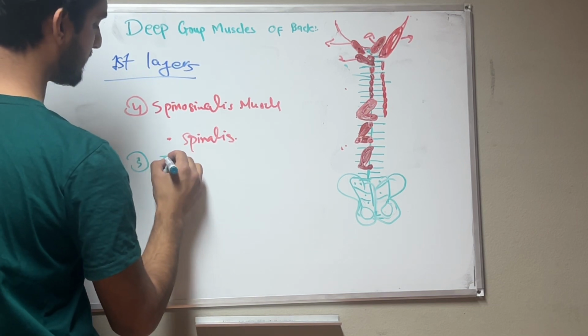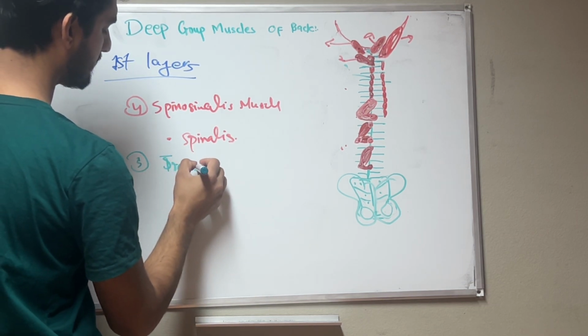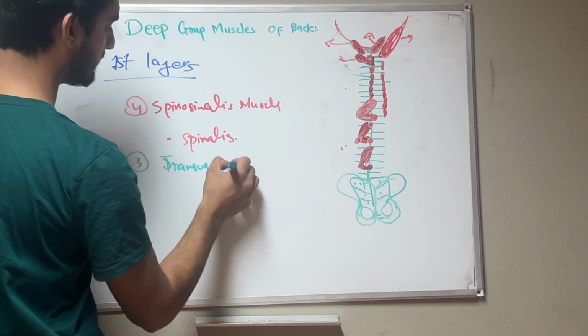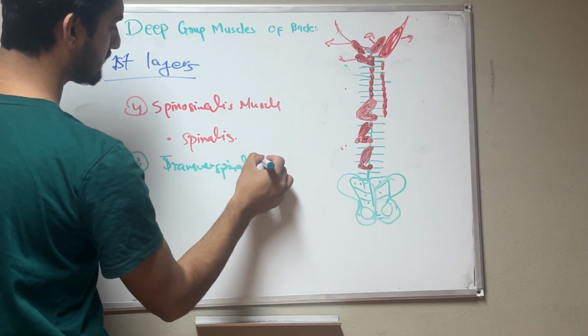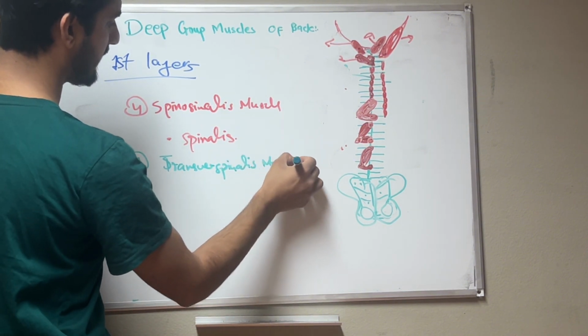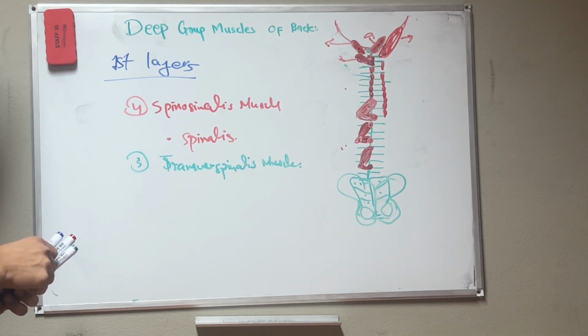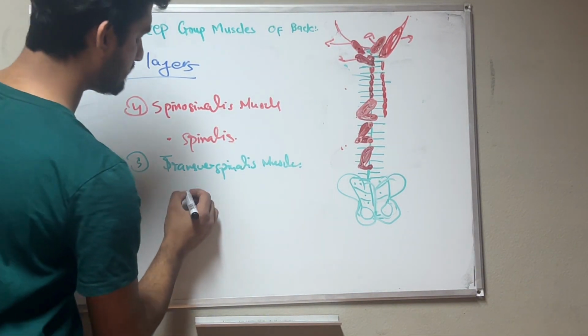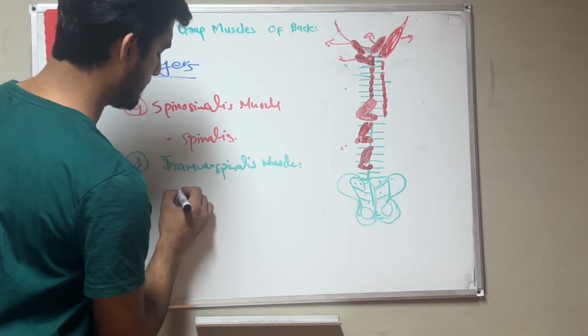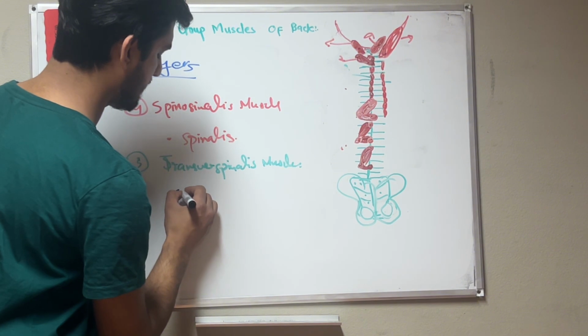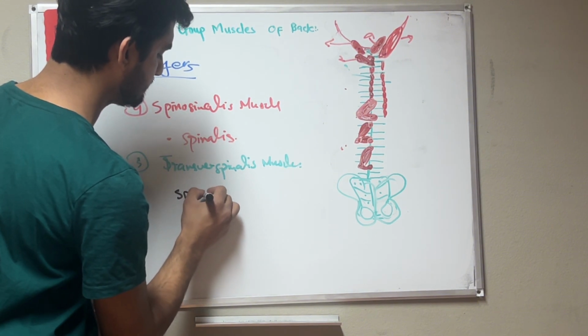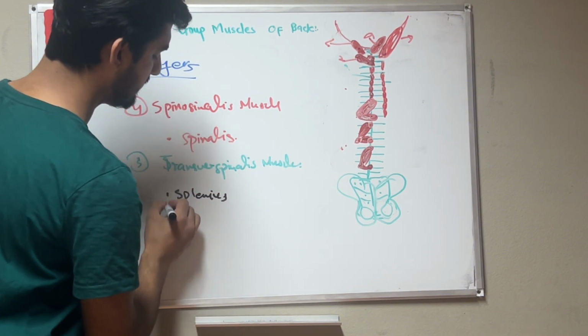Then the fifth one, the last one, we have the spinotransverse muscle. In the spinotransverse group we have the splenius muscle.